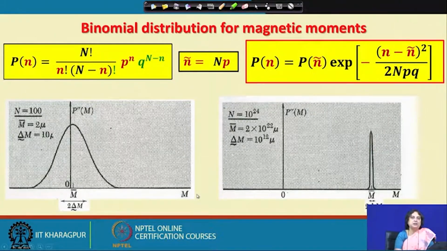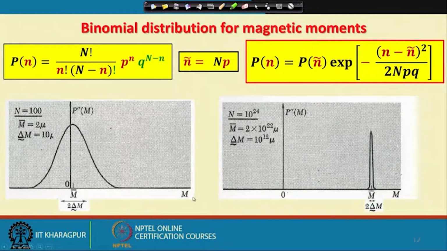But if I change the number to 10 to the power of 24, which is typically what we have in a realistic system, then the average magnetic moment is going to be very large, and it is located somewhere here. The main difference that you see is that here you have a wide distribution, but here, compared to all possible values of capital M, you have only a very narrow distribution.